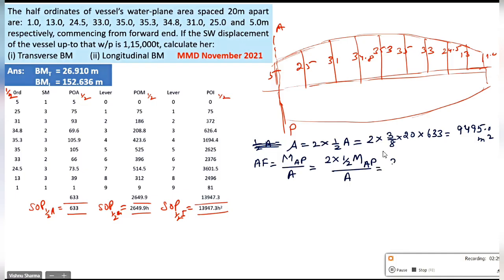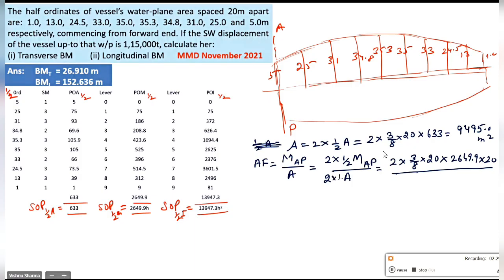So this is equal to 2 into half moment, which will be 3 by 8 into common interval 20 into SOP half moment 2649.9 into H. So this 20 is for H, divided by area.